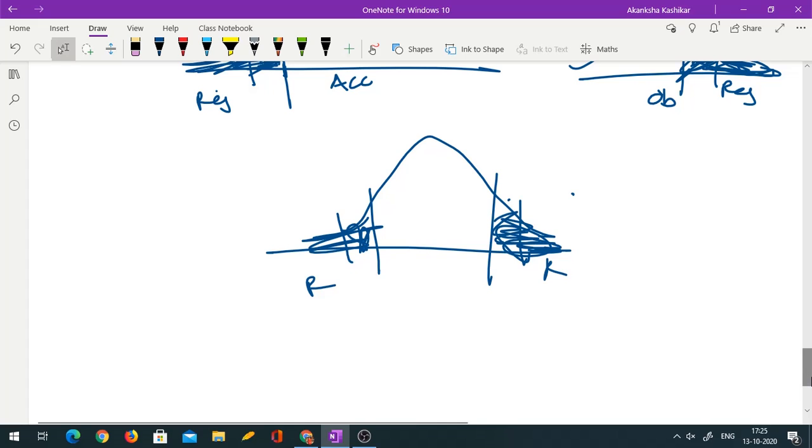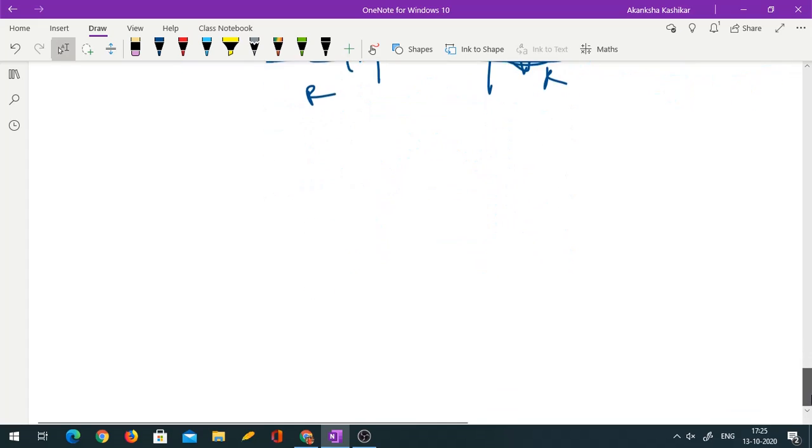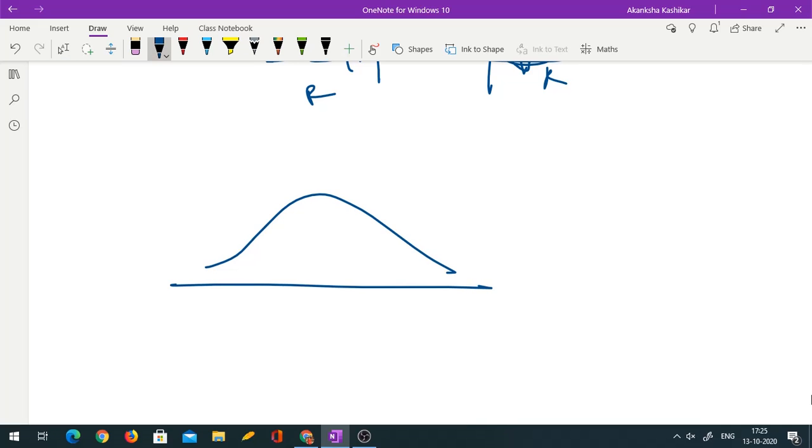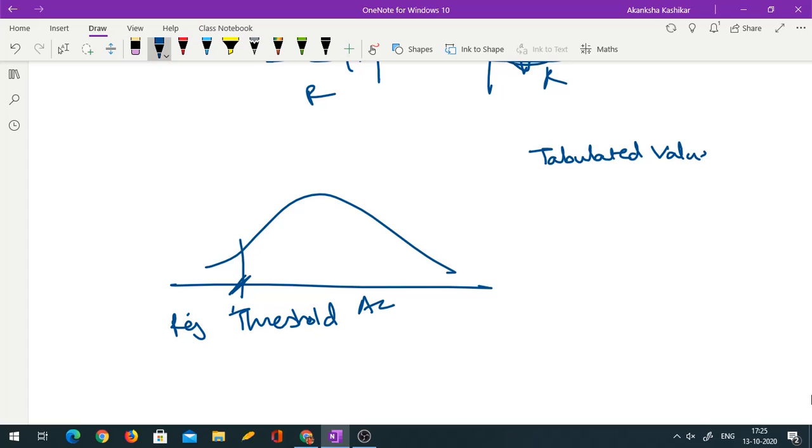Okay. Now what does the p-value tell me? What do the observed and rejected values tell me, and so on? As we saw, in every curve I would have some cutoff or threshold value which would tell me what is the acceptance region and what is the rejection region. Okay, so this threshold is known as the tabulated value of the test statistic.